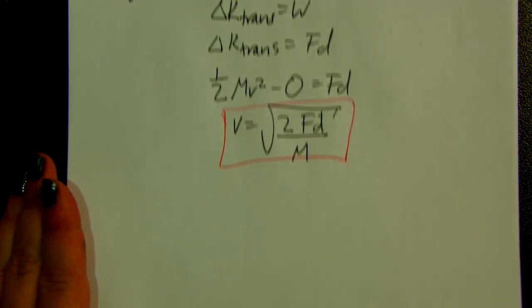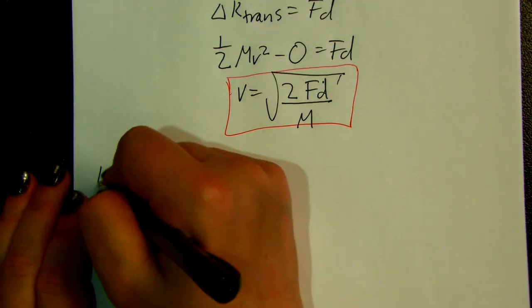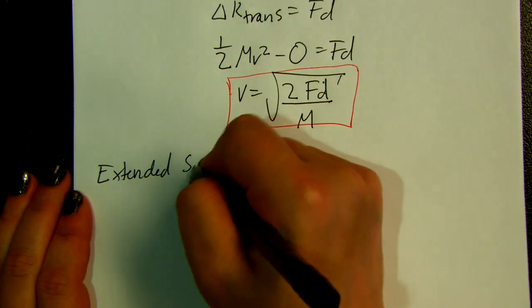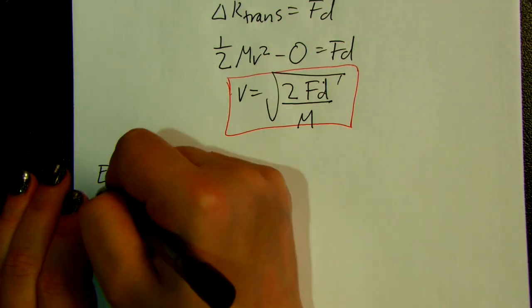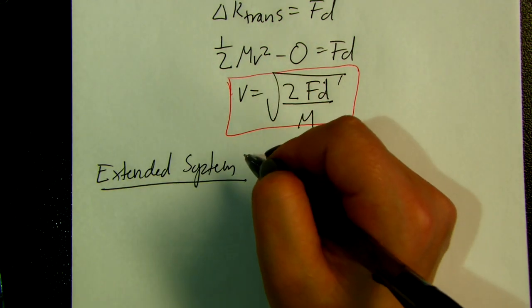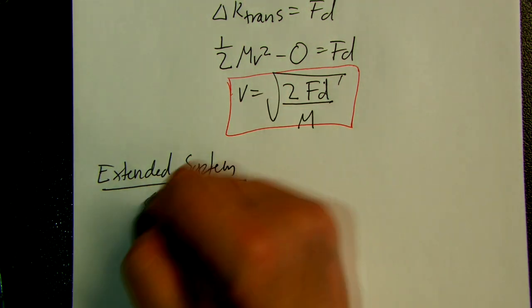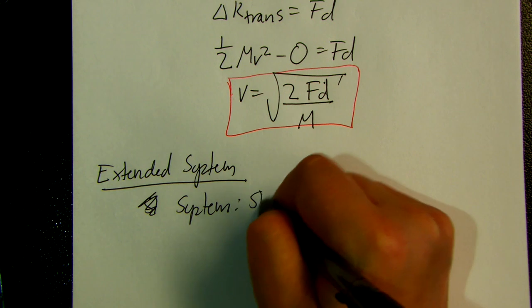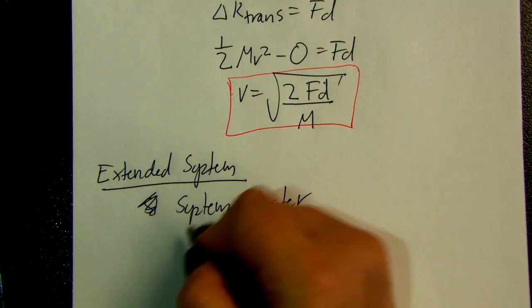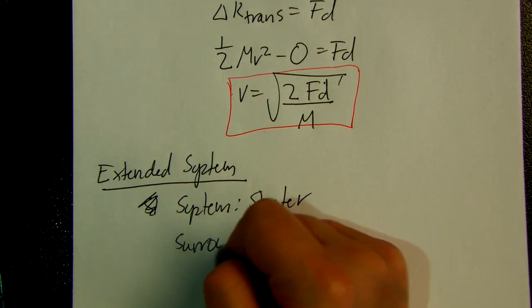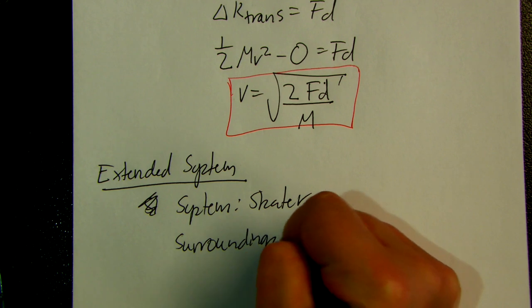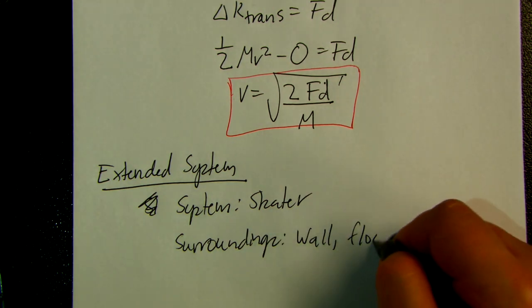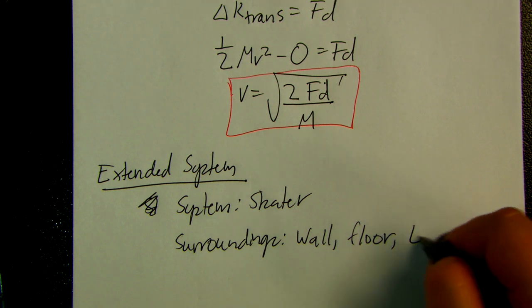All right, moving on to the extended system. So our system is the skater, our surroundings, we have the wall, the floor, and the earth.